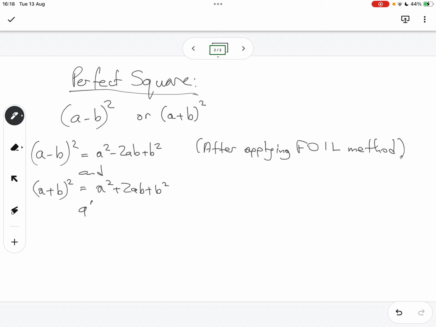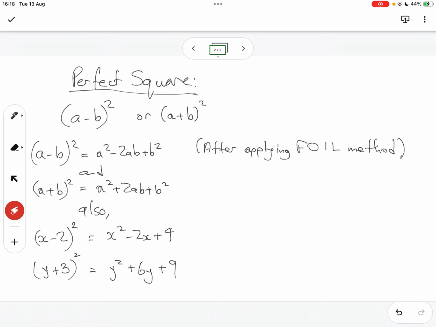This also means that if you have (x minus 2) or (y plus 3) all squared like that, then this would be x squared minus 4x plus 4, and this would be y squared plus 3y times 2, which is 6y, plus 9.